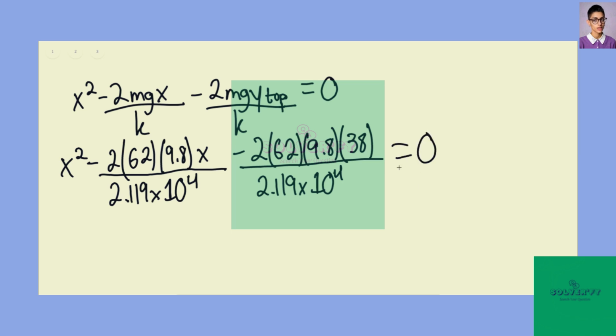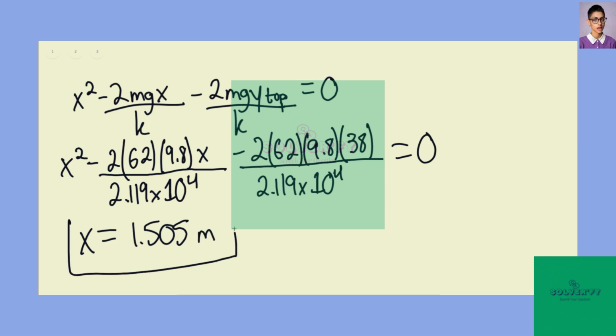This is going to equal 0. You can use the solve function on your TI-84, TI-85, or TI-89 in order to solve for x. And x is simply going to be equal to 1.505 meters. So this would be our final answer.